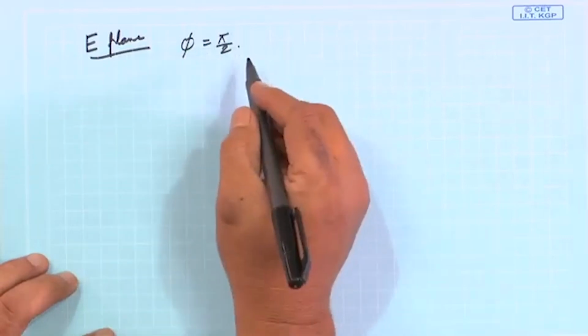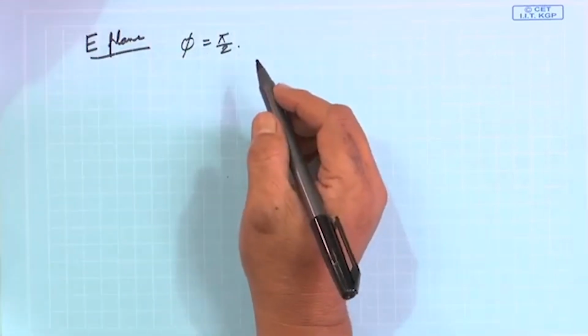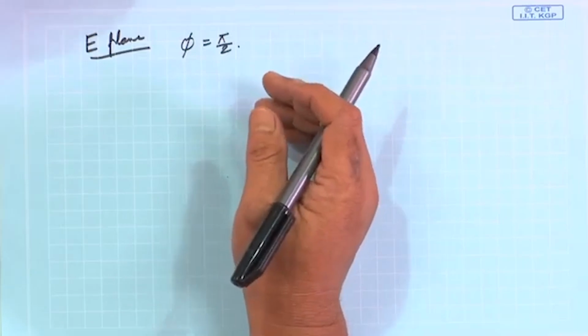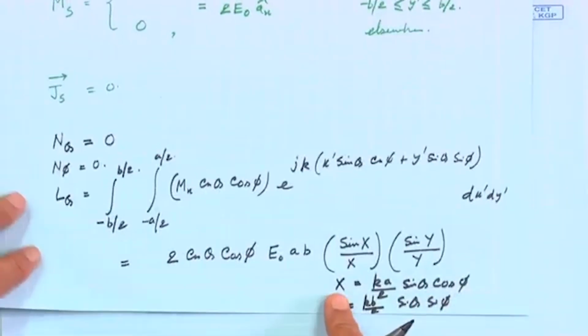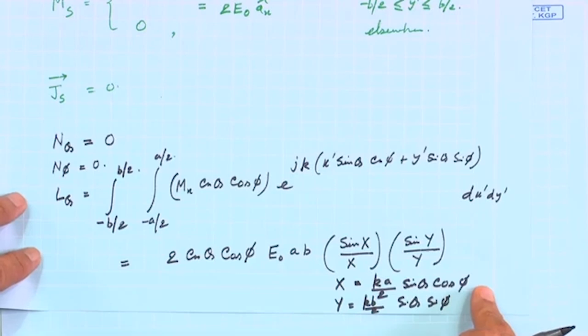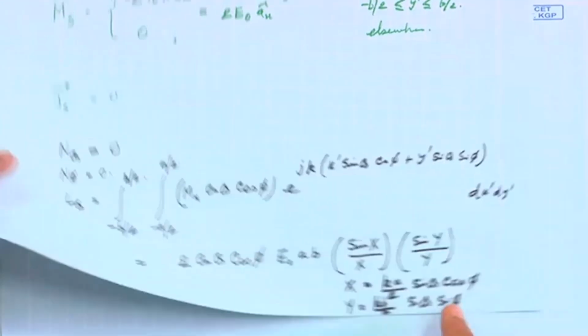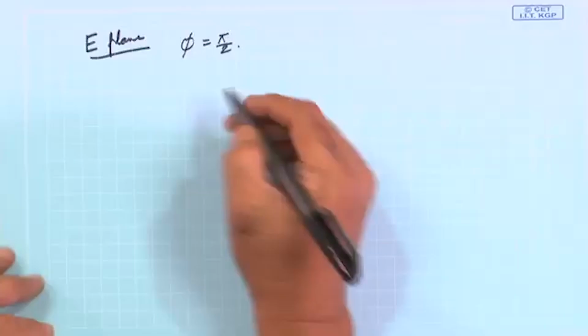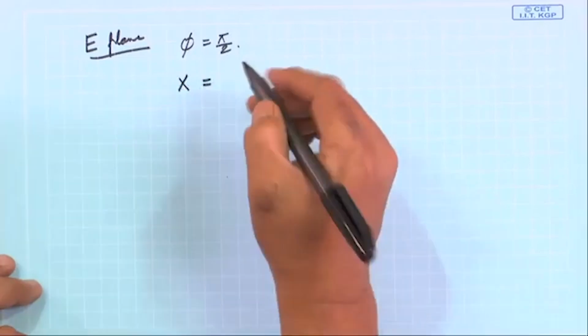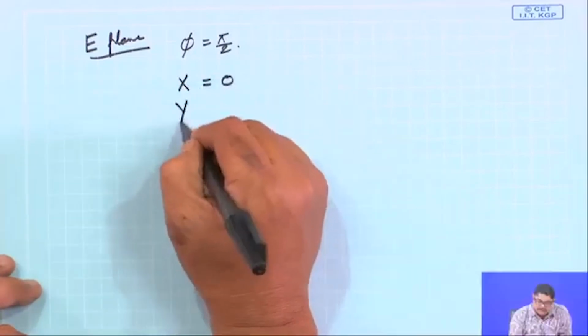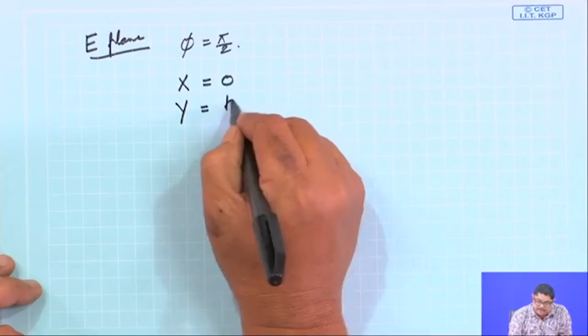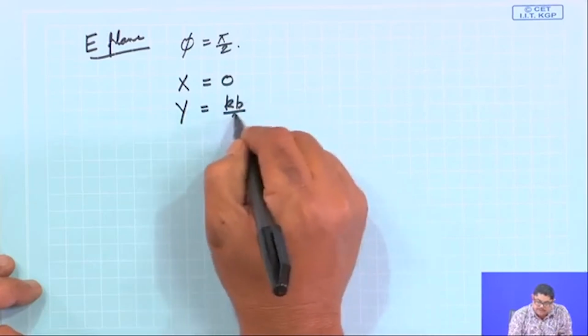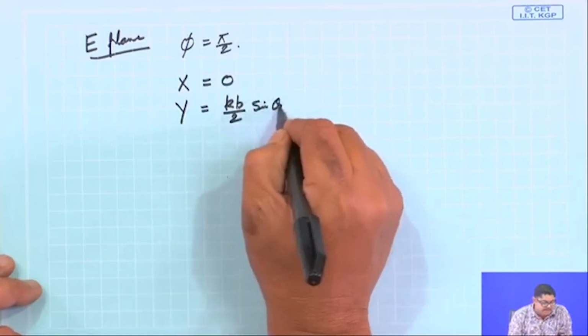If we put phi equal to pi by 2, let us look at the X and Y definitions. Immediately X becomes 0 and Y is non-zero: Y becomes k b by 2 sin theta.